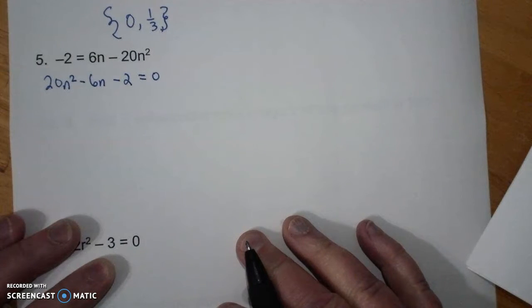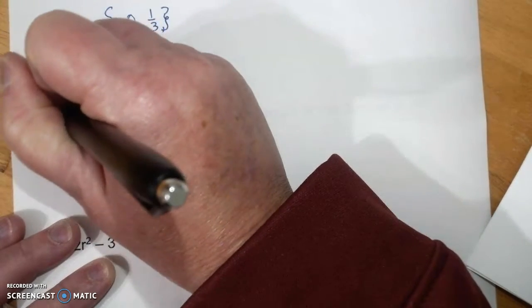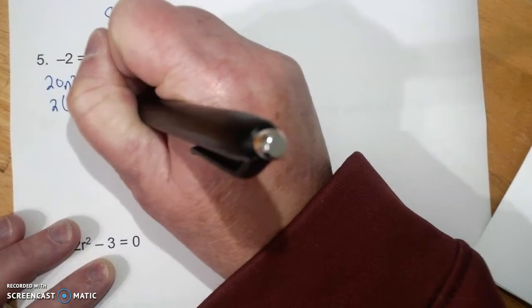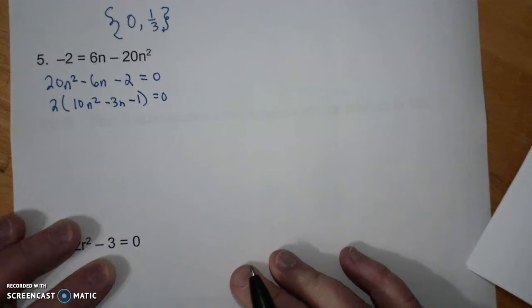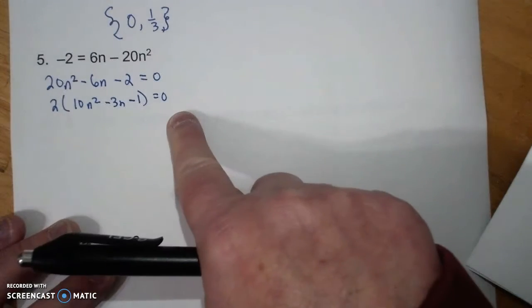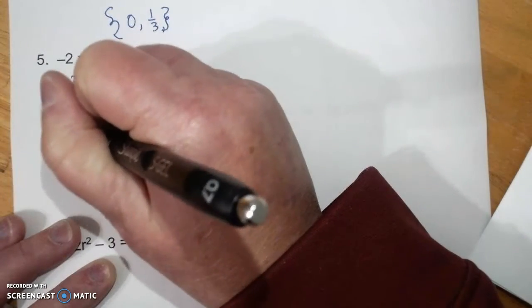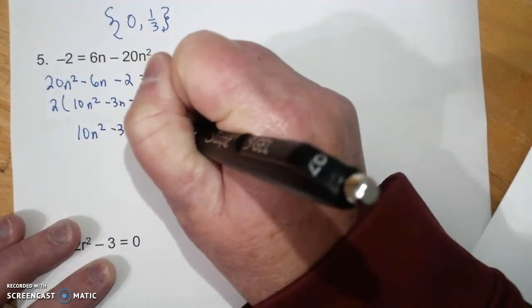I'm going to then factor a 2 out. 2 times 10n squared minus 3n minus 1 equals 0. I'm going to divide both sides by 2, which actually gets rid of that 2. So I get 10n squared minus 3n minus 1 equals 0.